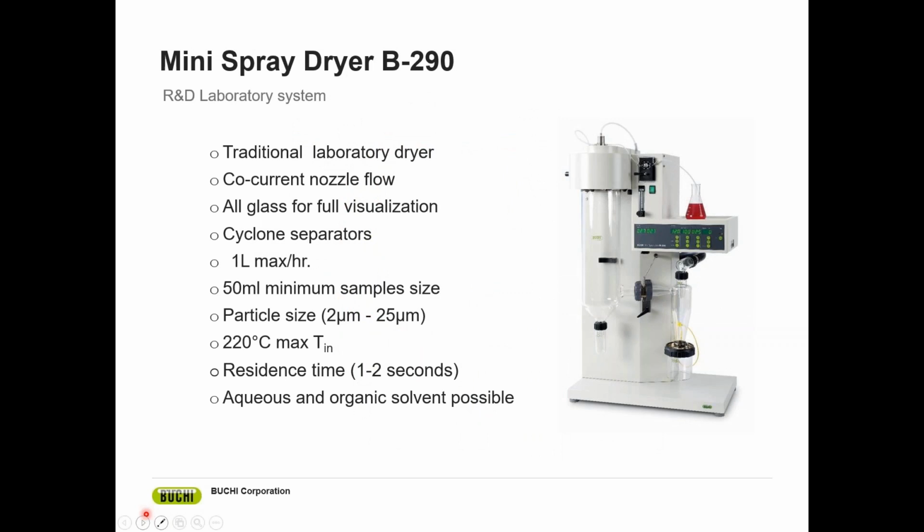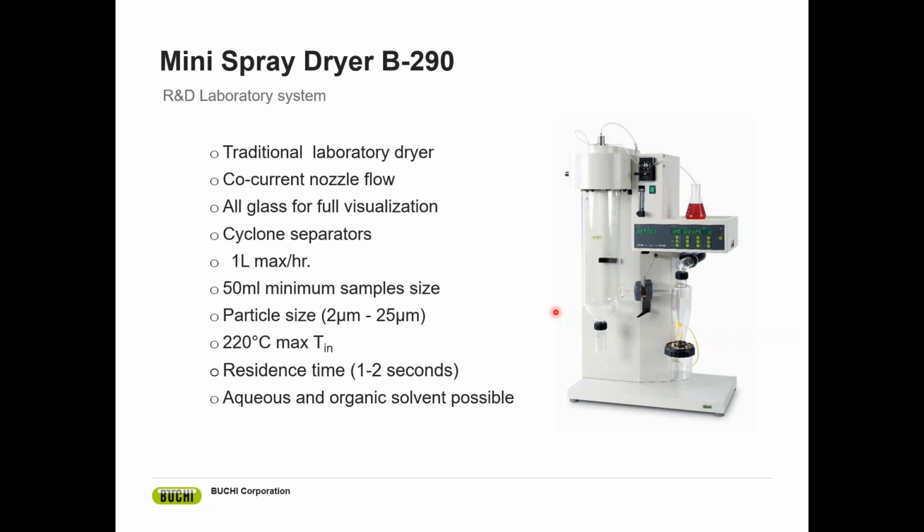So just to hit quickly on the B290, we would consider this a traditional laboratory dryer. It has a co-current flow, meaning in one direction. All of Buchi's equipment has glass so that everything is fully visual, which makes it nice from an R&D perspective. We can see what's going on.